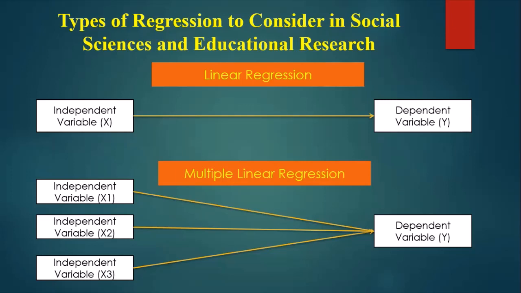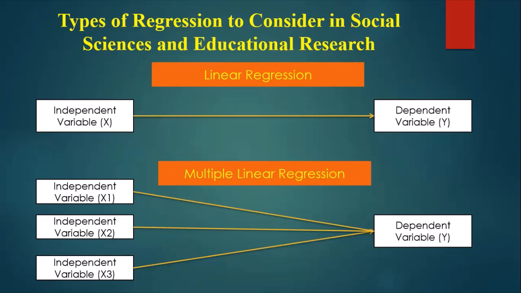I will tell you why I limit this to social sciences and educational research: in these particular fields of study, we are interested in understanding relationships between one variable and another.